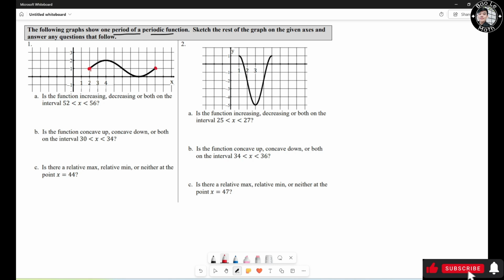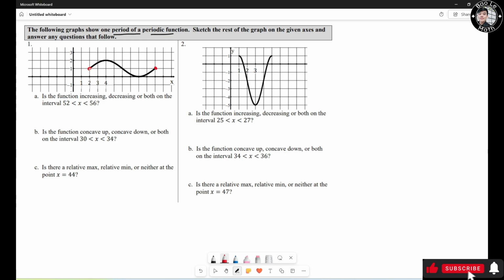Keep in mind, in order to find the period of a periodic function, you need to know where the function starts and where the function ends. In other words, the period is the distance of the x value where the function starts and where the function ends. Now, how do we know where the function starts and where the function ends? It means that the function ends where it starts.